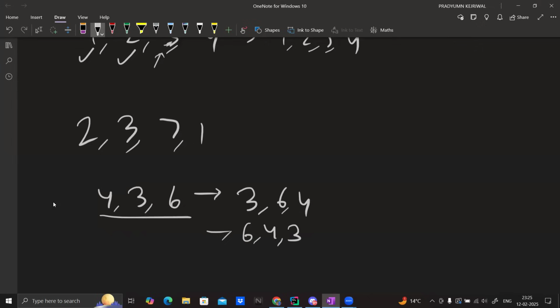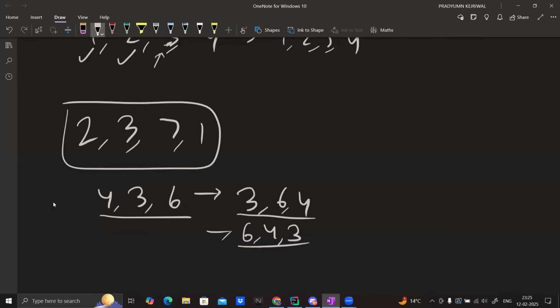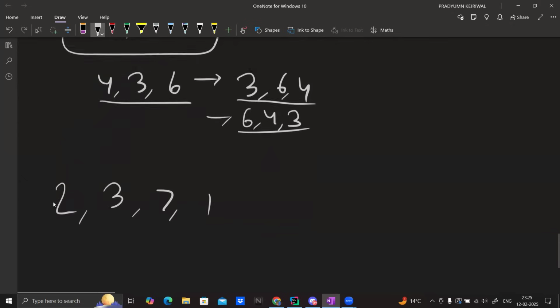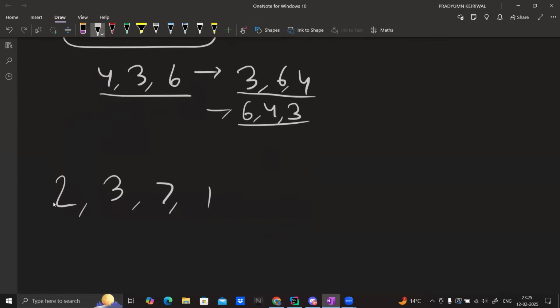So these three operations we can do on this array. So the array is 2, 3, 7, 1. Okay, so now we cannot make it less than 2 because the minimum element is 3. So even if we perform the operation here, this element can become 3. It cannot become less than 2, right? So we won't perform it here.